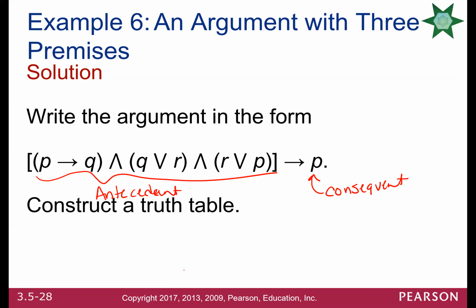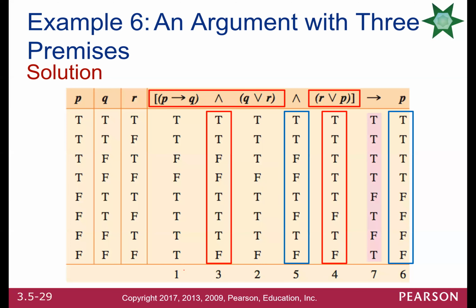All right, so here we go. So I have 3 statements, so I'm going to have 8 cases. P can be true, true, true, true, false, false, false, false. Q can be true, true, false, false, true, true, false, false. R can be true, false, true, false, true, false, true, false.